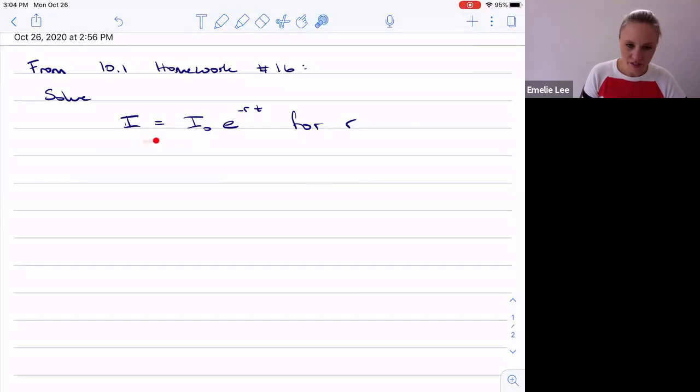So just as kind of a review from chapter 10, we finished chapter 10 last week. But if we have something like this and we have to solve for r, right? R is in the power. Question 7. Let me see if I can pull it up here. Did you specify a part here?